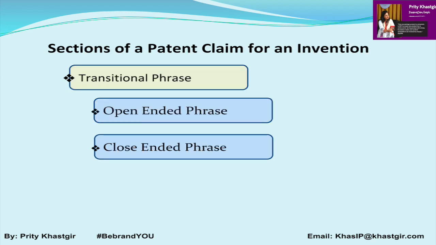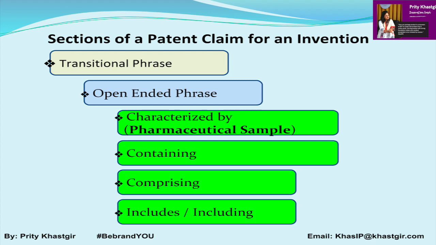The transitional phase, which is the connecting phase between the preamble and the body, is used as a transition from the preamble to the claim of the body. So it might be an open-ended phrase or it might be a close-ended phrase. The open-ended transitional words generally used are comprising, containing, characterized by.